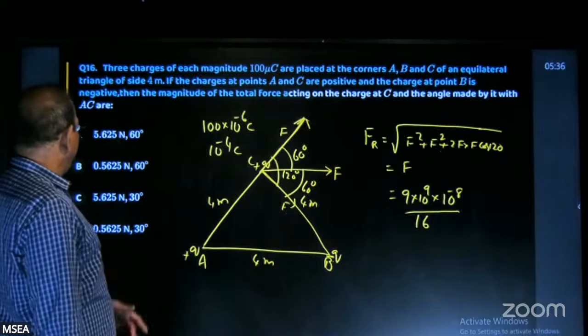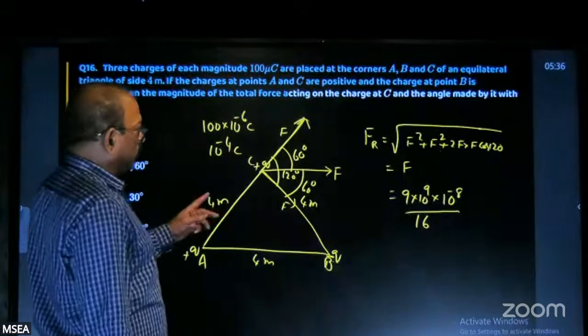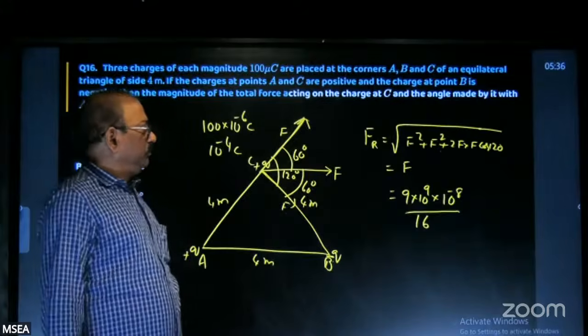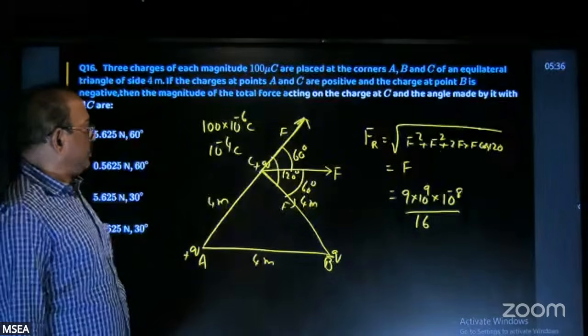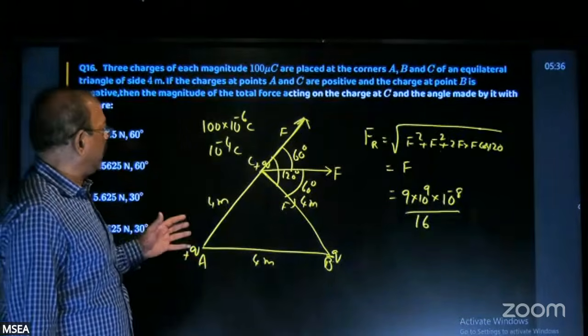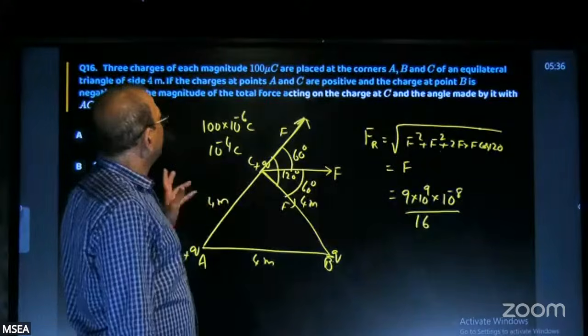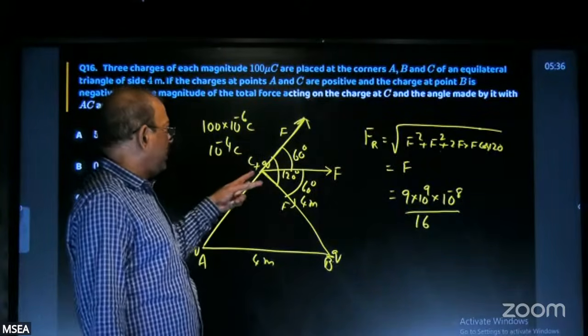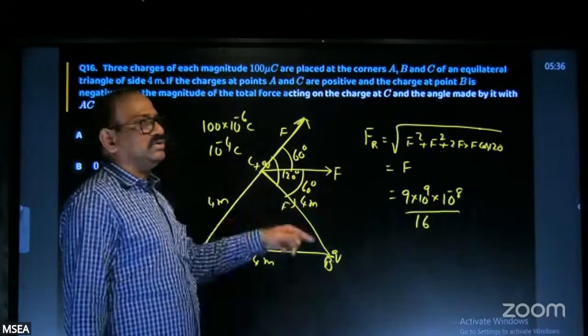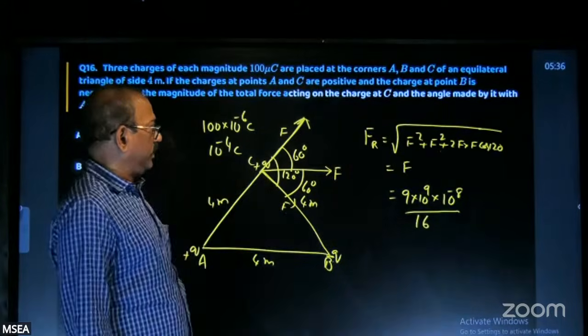Simplify that, you'll get the magnitude of this force. So this is also based on Coulomb's law, but this is the superposition principle: two forces acting, their net force, the resultant force, we are calculating.